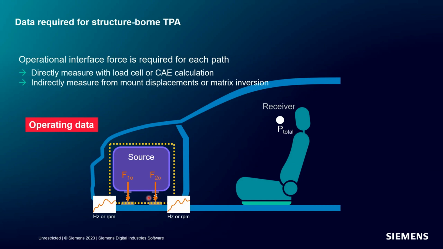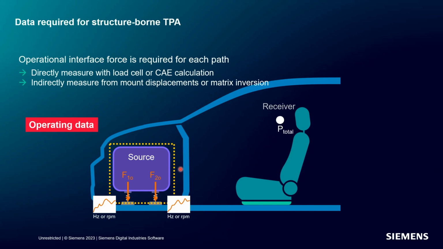What we're interested in understanding is everything that comes across this orange interface. So in this case, into the structure, we have forces that come out of the source, and we're ignoring airborne, which would also go through the dotted orange. But basically, the point here is it helps when you're going to diagnose a problem.